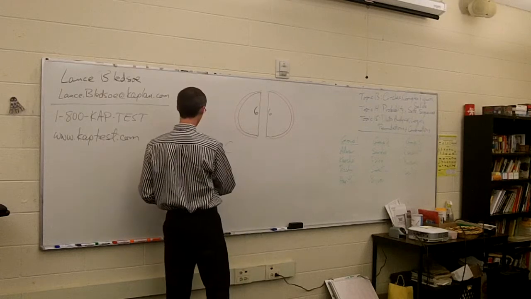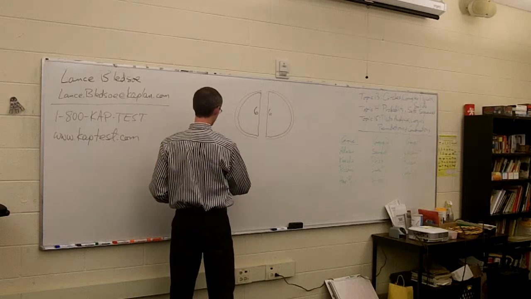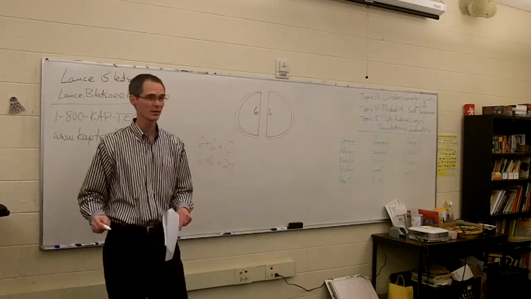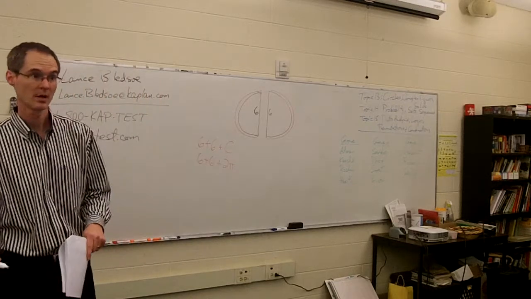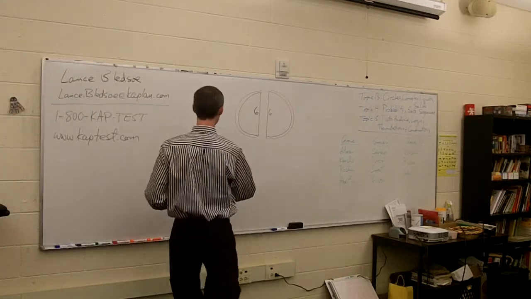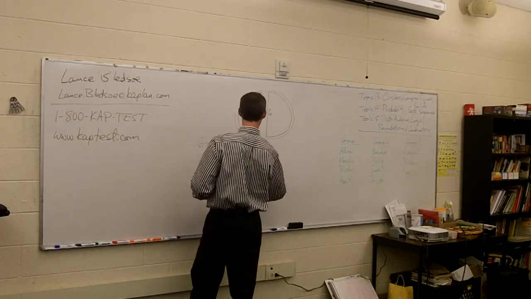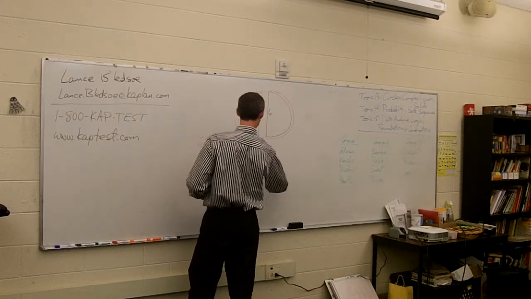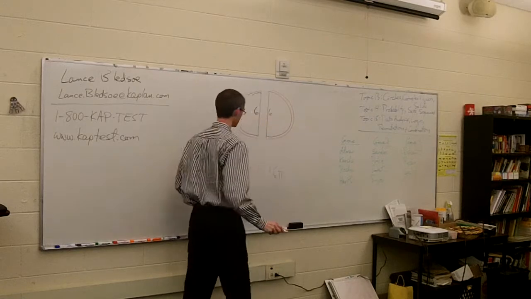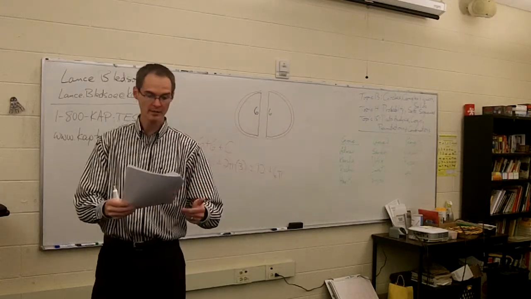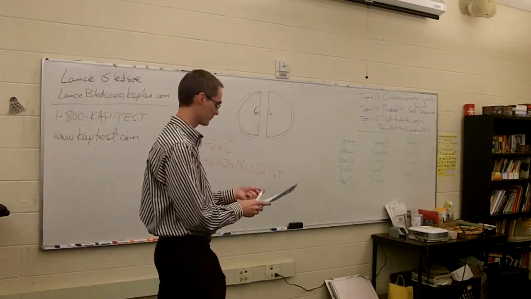And the circumference, I know a formula for the circumference, which is 2 pi r. And what's the radius of this circle? 3. The radius is 3. So 2 pi times 3. And that gives me 12 plus 6 pi. And I've got an answer choice there that's 12 plus 6 pi.